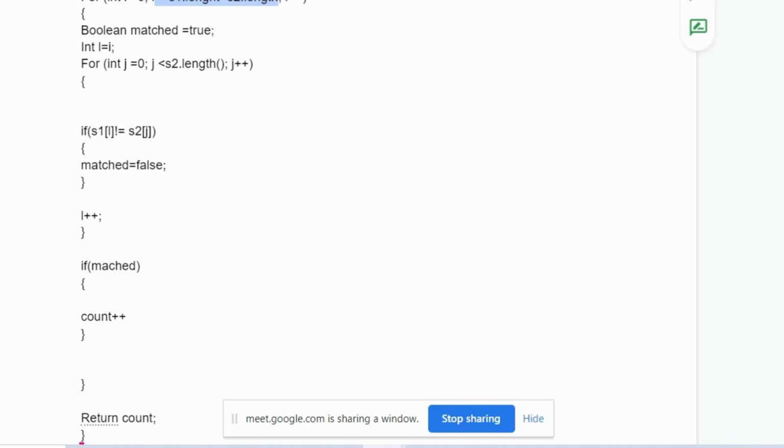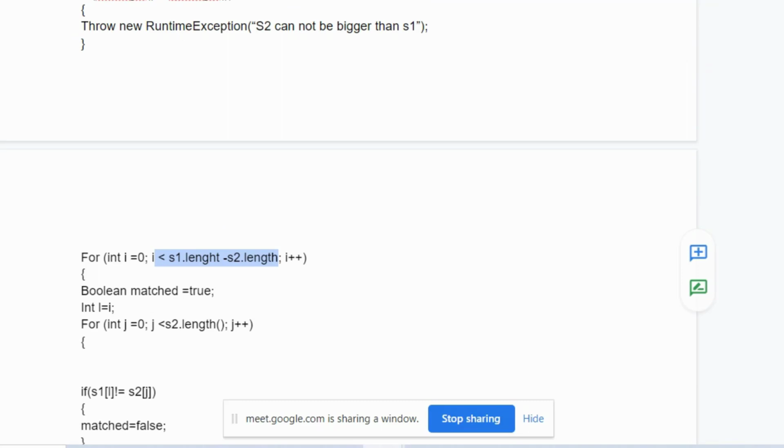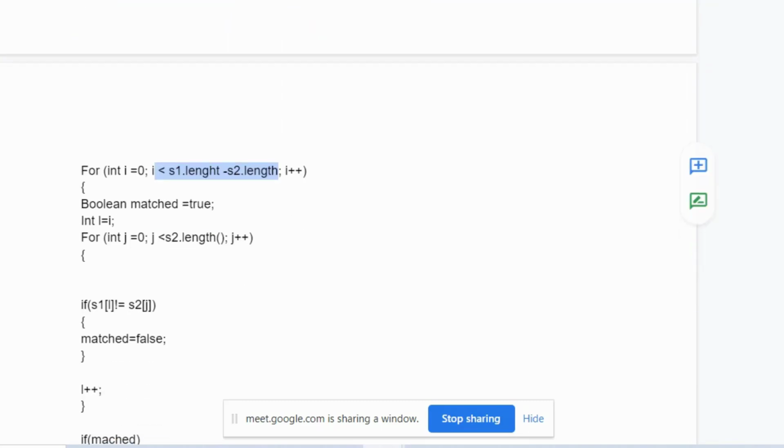No, we are doing it after half of the length. Let's say the bigger string has 10 characters and the smaller string has length 3, and we have already reached 7. Then there is no meaning in comparing beyond 8, 9, 10 because the remaining part is shorter than that.